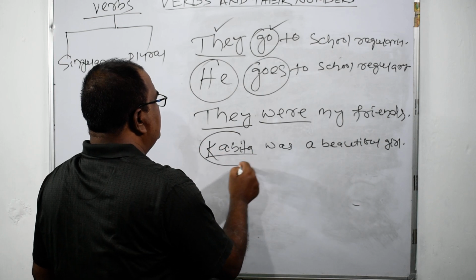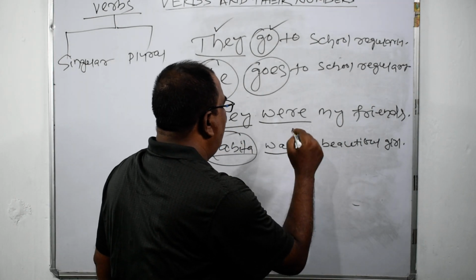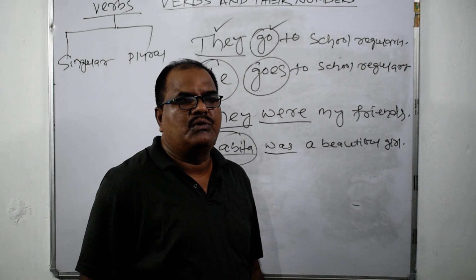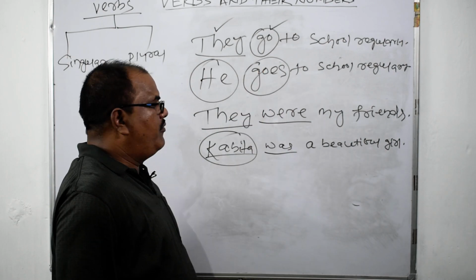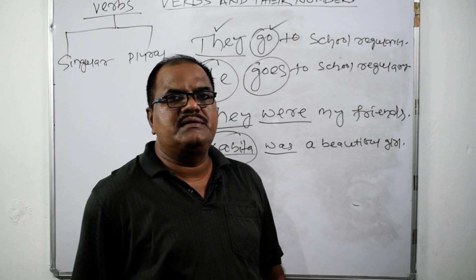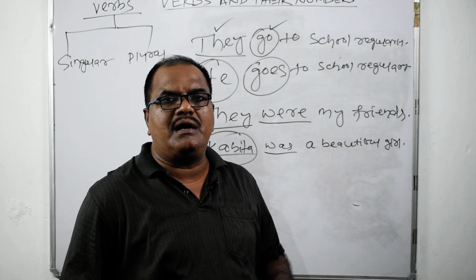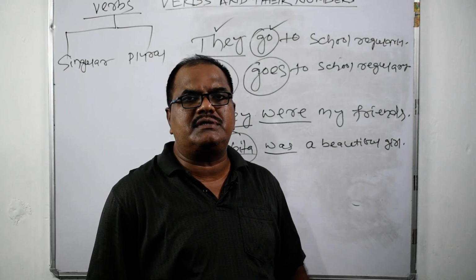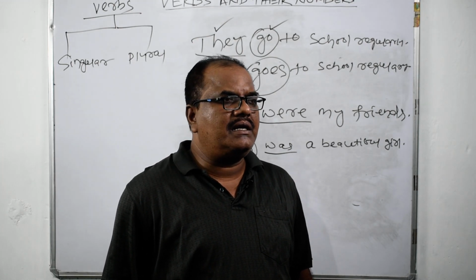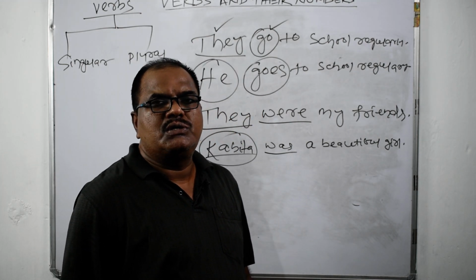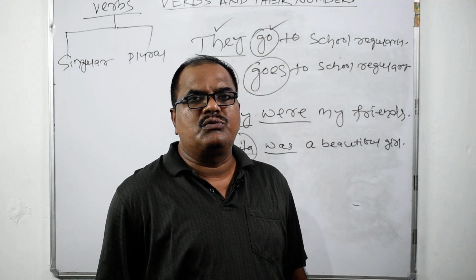It is third person singular number. Therefore, the verb is also singular. My dear students, from these four examples, it is very clear that when the subject is plural number, the verb becomes plural. But when the subject is the singular number, the verb becomes singular number.